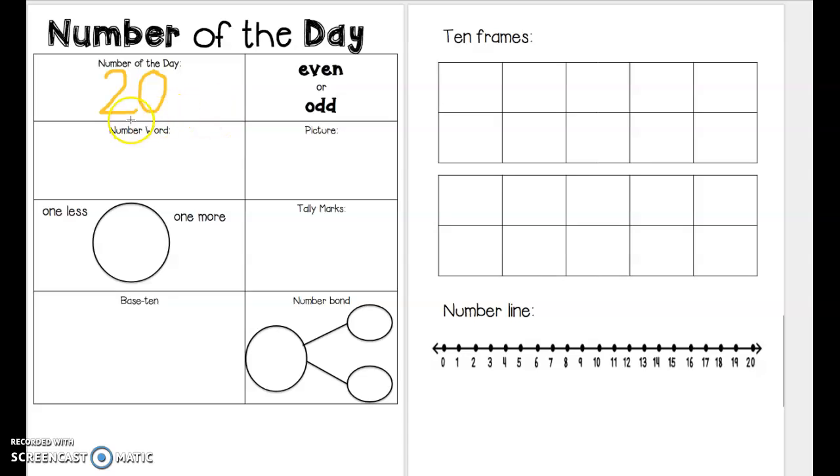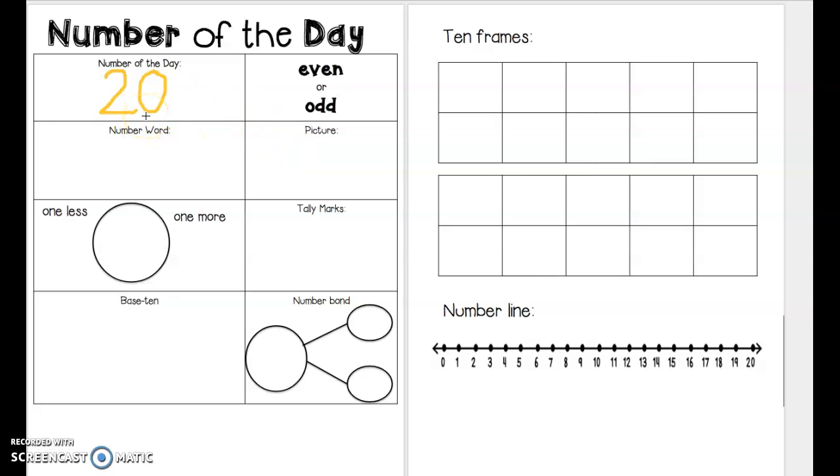So with this number 20, we've said with our other numbers of the day that you could look at the ones place, right? Instead of having to draw 20 items. Now, can we draw 0 items? We can't.